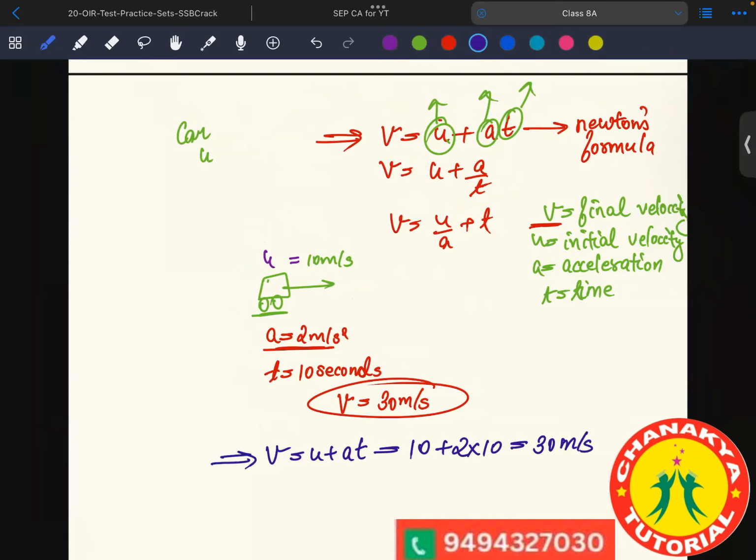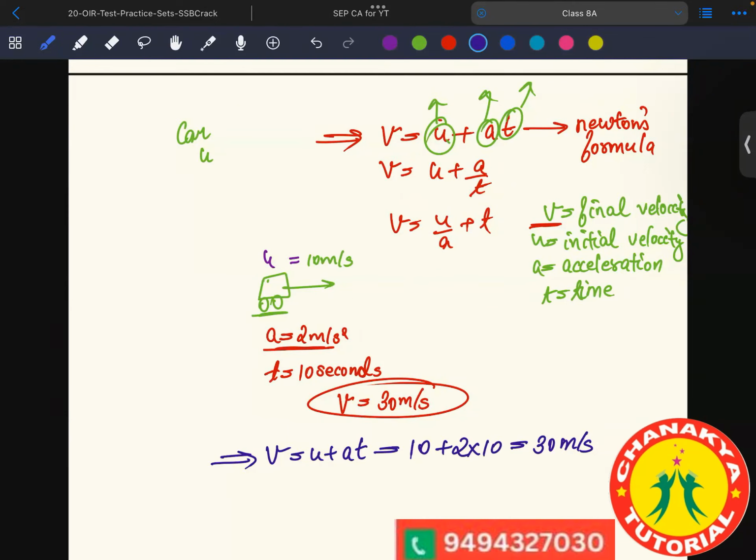So this is the way one verifies any formula. You do some experiment again and again and see if these values fit in this formula, whether those are correct or not. This is how any formula is generated.